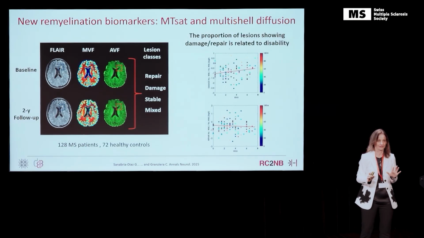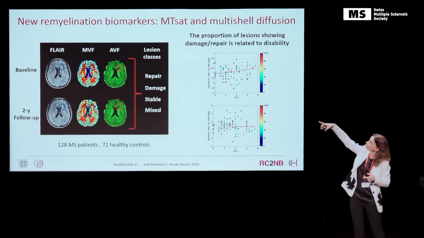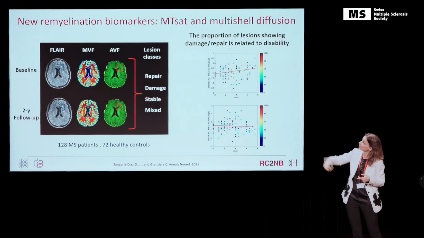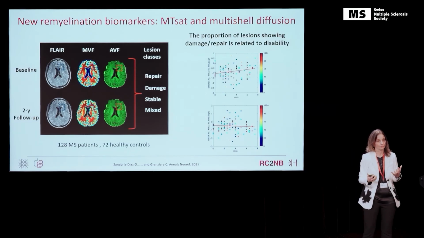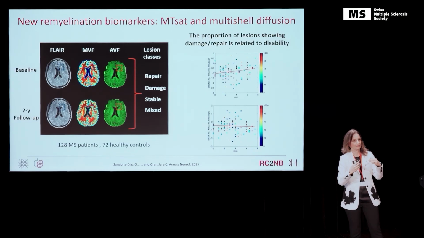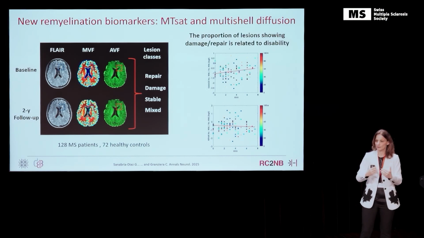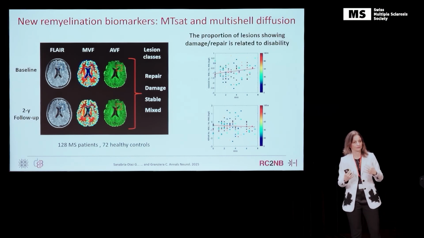This is a totally different approach. We used MT-SAT and multi-shell diffusion to get myelin water fraction, you see this red map up there, and axon volume fraction, the green map. Then we look at the behavior of these parameters over time and their combination. So we said, for this lesion, there is a pattern related with repair. For this other region, there is a pattern related to damage.